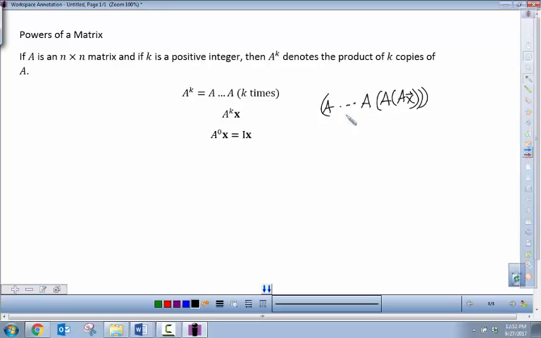This is how it's denoted. Because of the associative property of matrices, we can really just collect all the matrices together. So this is A to the K times x.